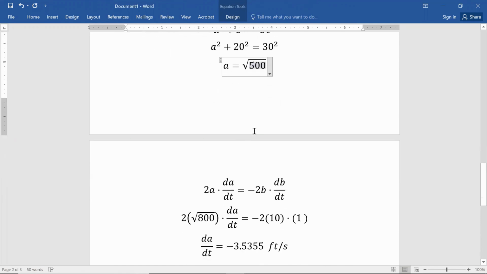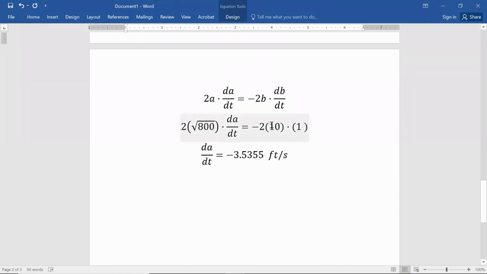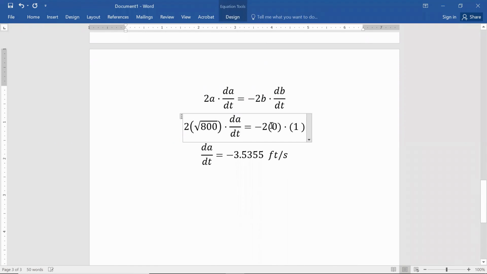My B is 20. My rate of change is 1 foot per second. The square root of 500 is my A. And then I can go and solve. So negative 2 times 20 times 1 divided by 2 times the square root of 500.